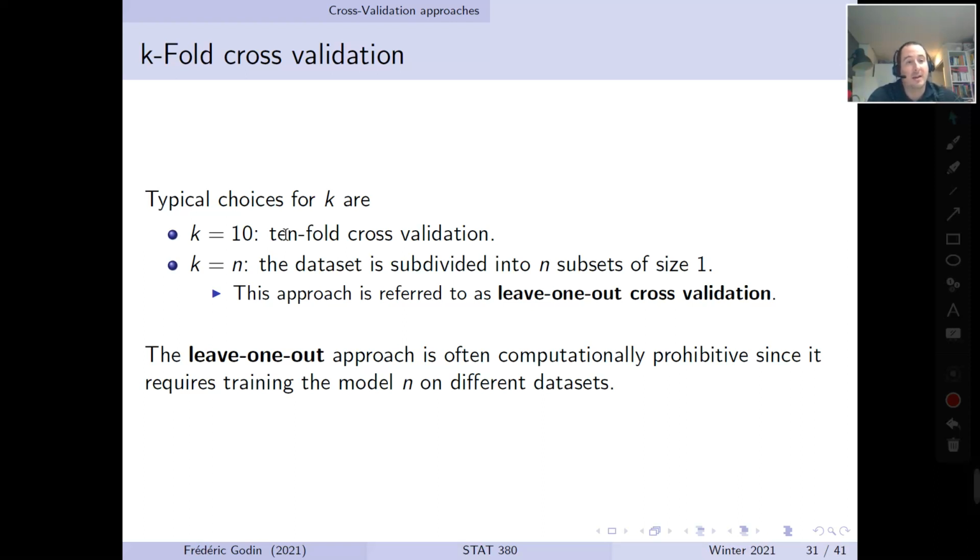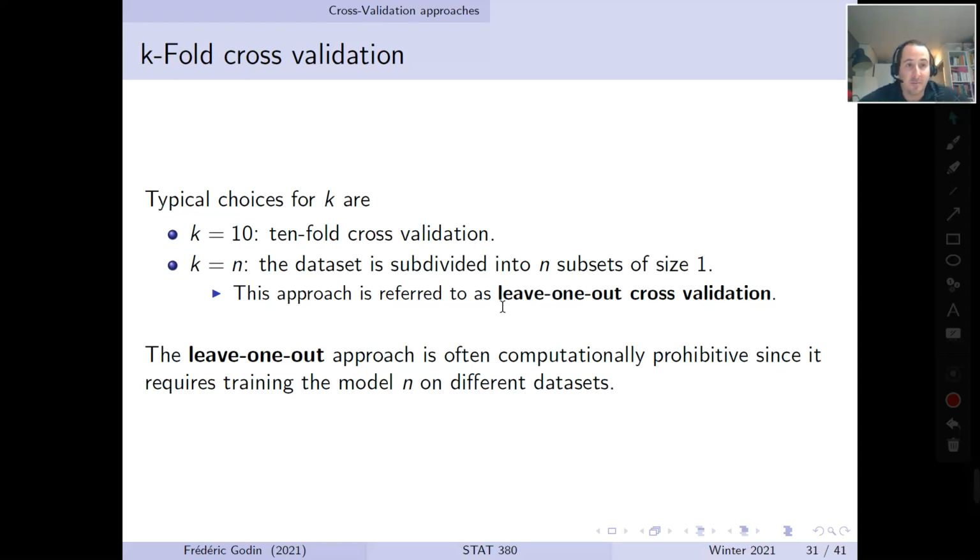Another very typical case, which is extreme, is to take small k being n. So each subset contains exactly one observation. When you predict the response for one observation, you train the model on all other observations except this one. This procedure, when k is equal to n and you have as many subsets as observations, is known as leave one out cross-validation.